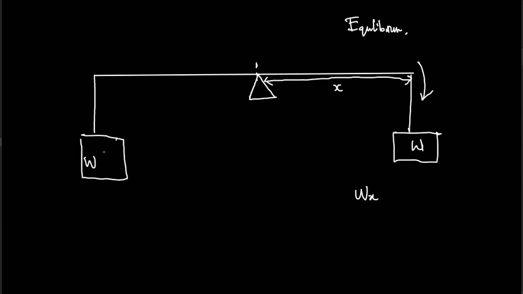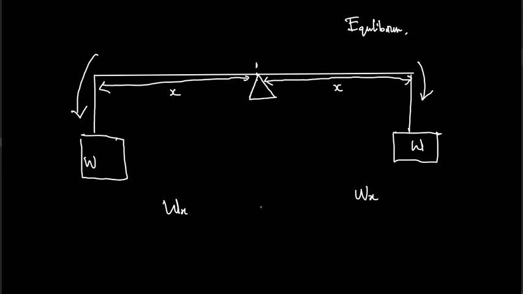And not just that, the distance has to be what? The same, x. So the moment intended to turn the beam in this direction is also Wx.